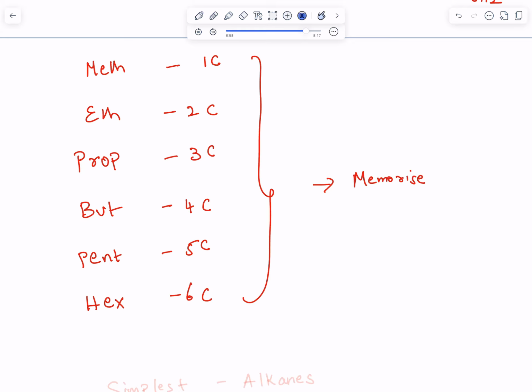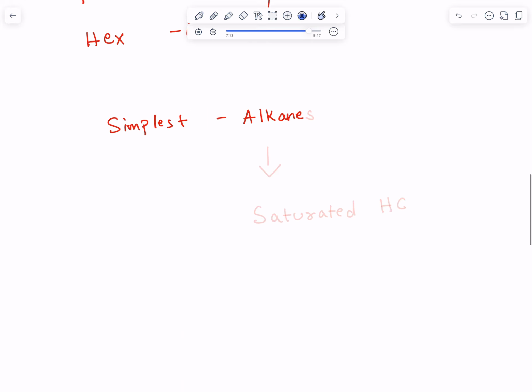Now, as we were talking about alkanes, these are the simplest hydrocarbons. Remember, I'm using the word hydrocarbons, which means compounds of carbon and hydrogen. Now, there is another name given to alkanes: saturated hydrocarbons.